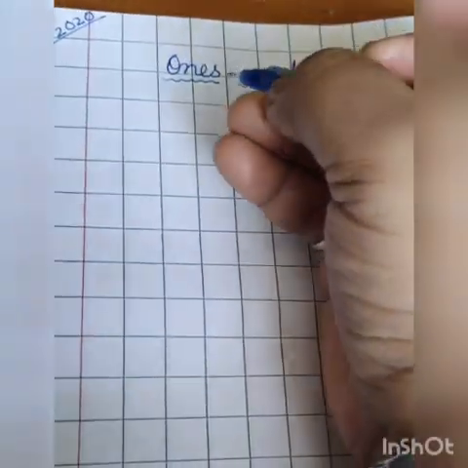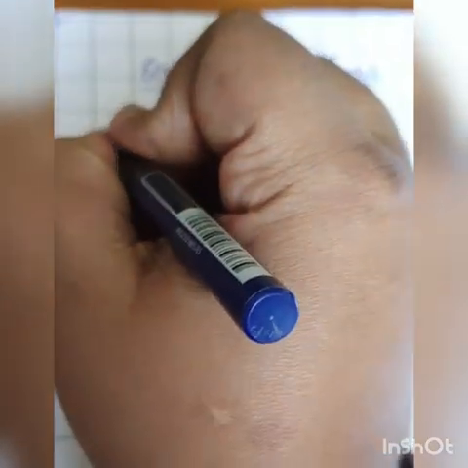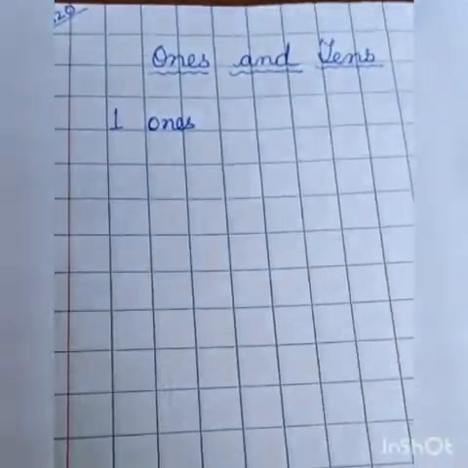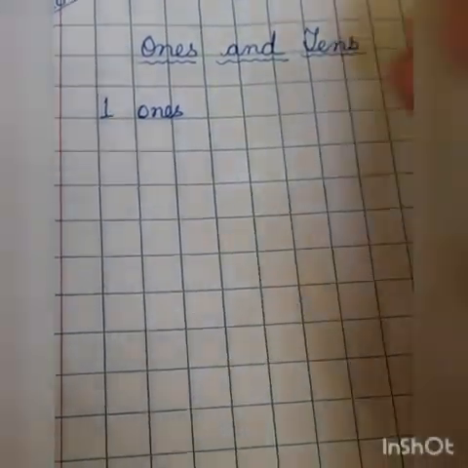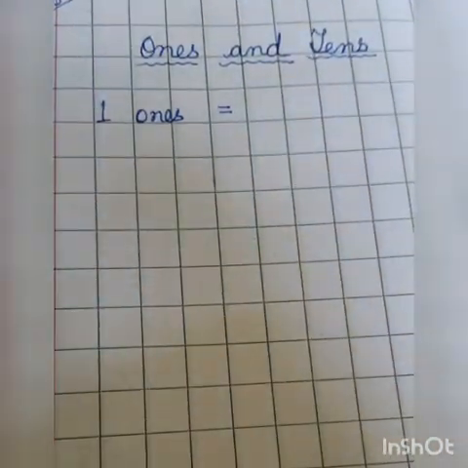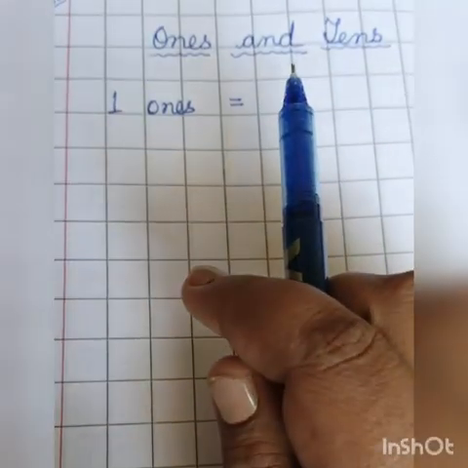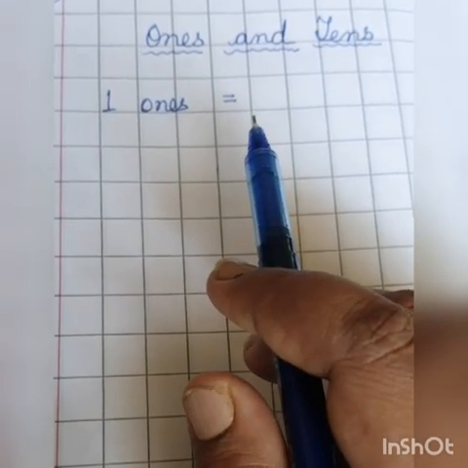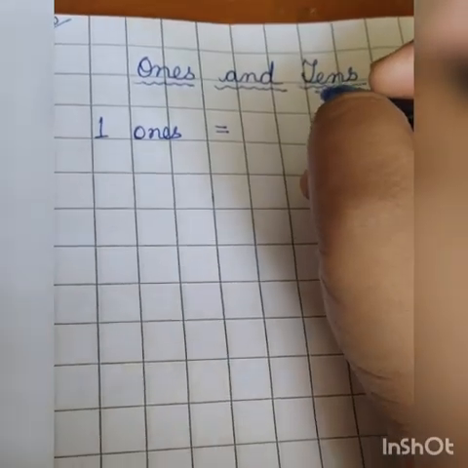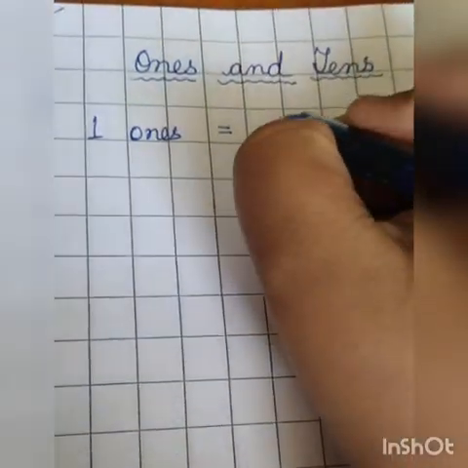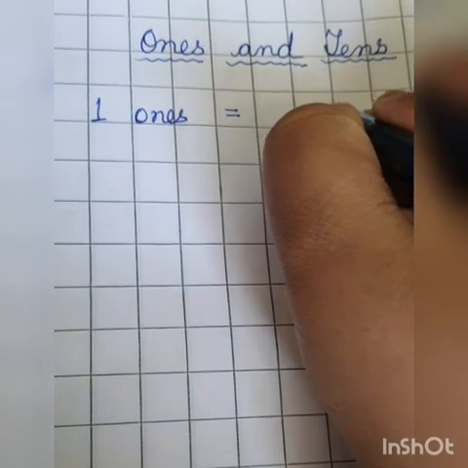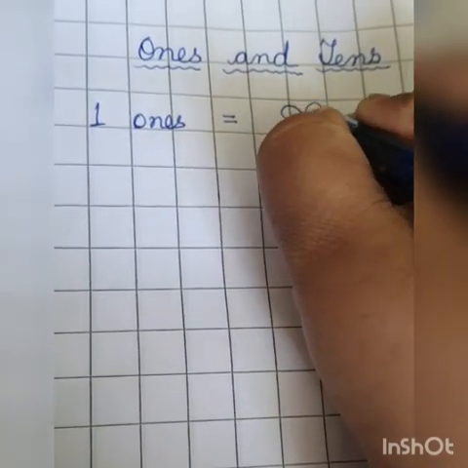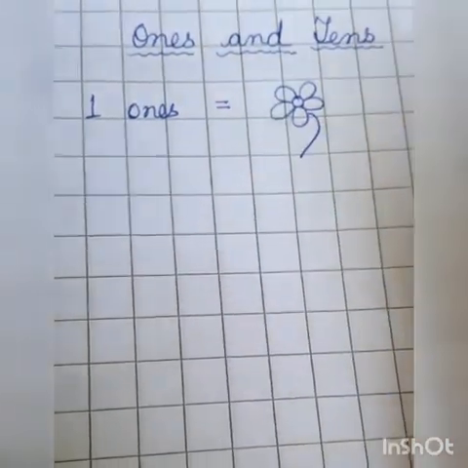Say if I have, what do you mean by one ones? One ones means you have only one thing with you. Let's say I have one flower. One ones is equal to one flower. Can you draw it?